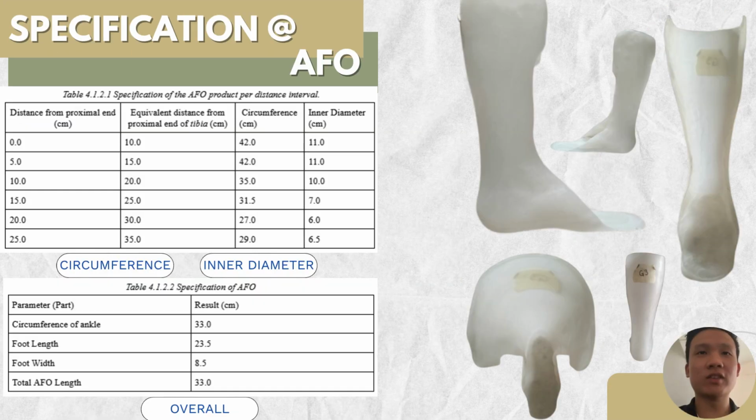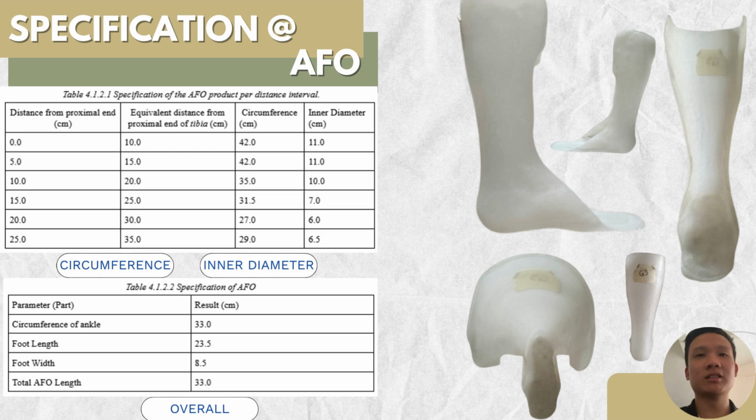The specification of our AFO, we found that the size, in terms of the circumference and the inner diameter, is quite similar to our initial measurement of the model. So overall, the AFO fits our model well, and we can see the overall specification in the table here.